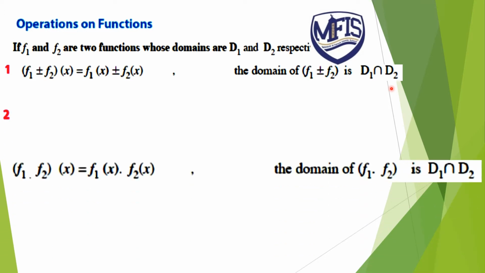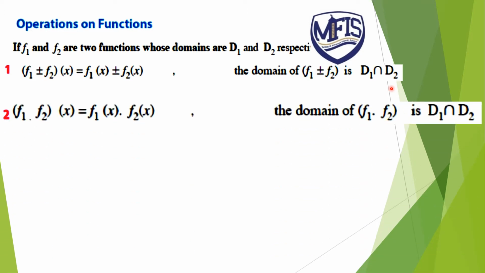And the second operation is f1 times f2 of x equals f1 of x times f2 of x.